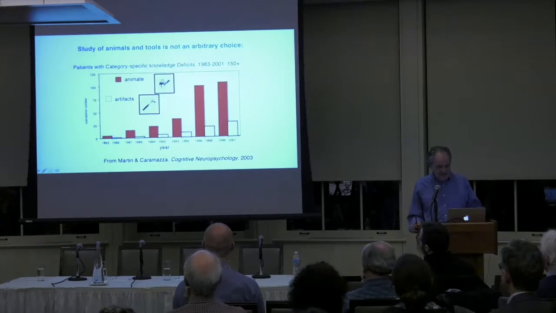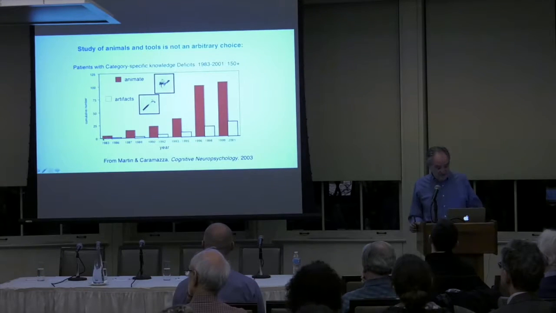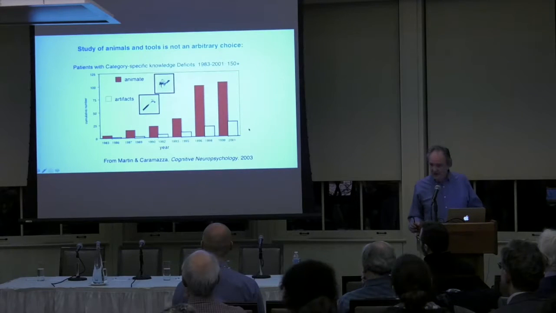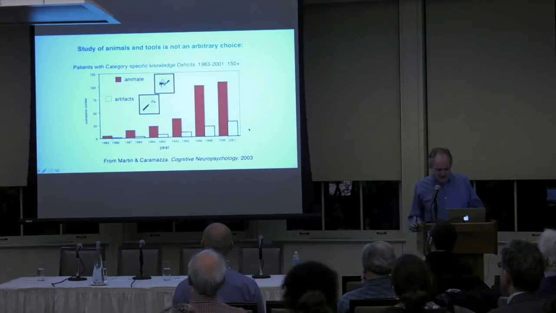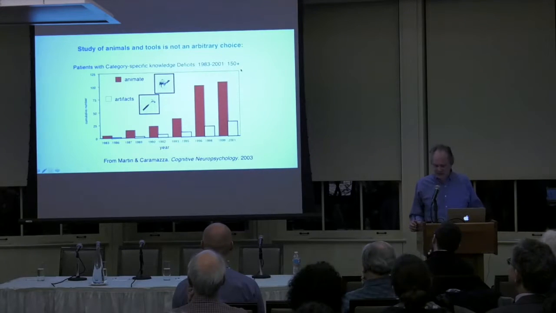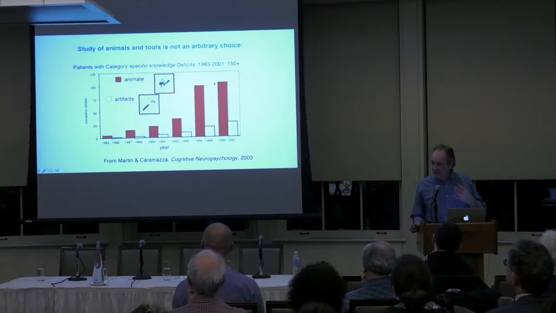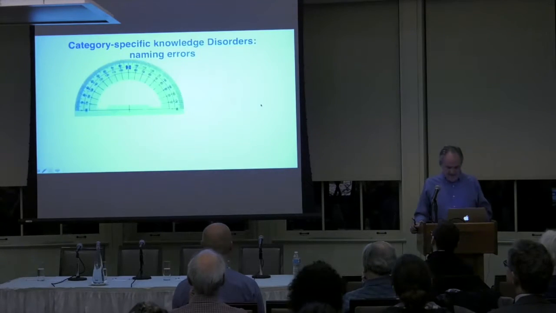Starting from the modern era, when Elizabeth Warrington first started to present these patients in the early 80s, up to the next 18 or so years when we compiled this, there were already about 150 of these so-called patients in the literature. And as you notice, there's an asymmetry with many more of these patients with difficulties with animals versus tools, but I'll return to that in a little while.